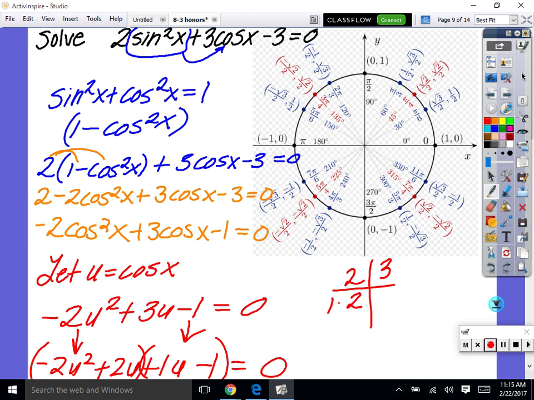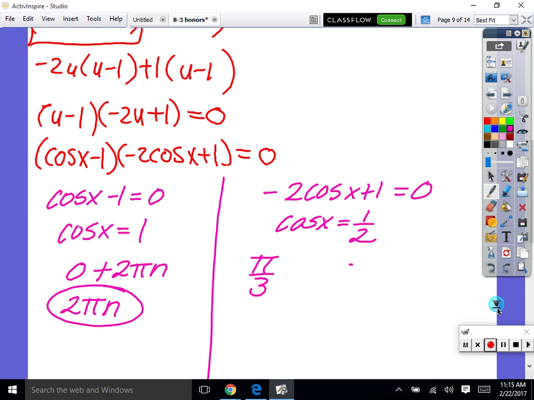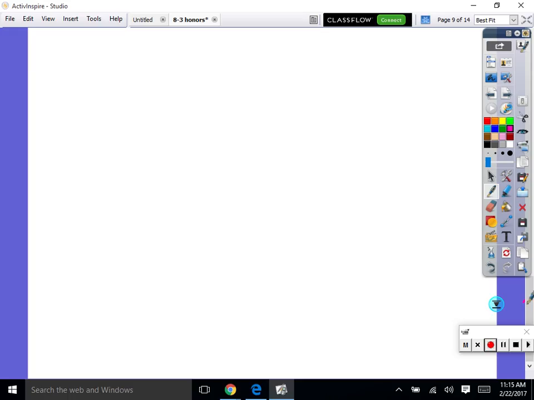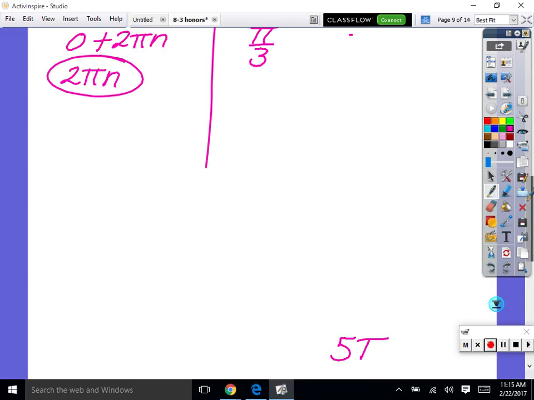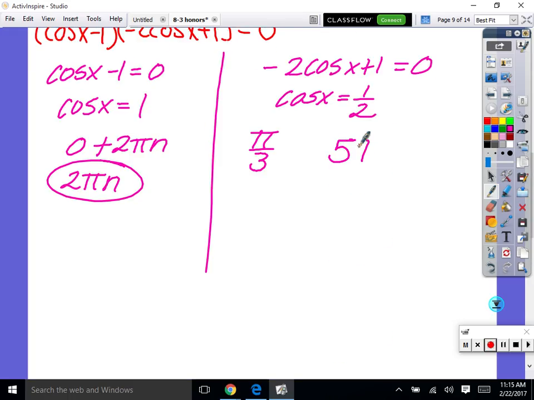Sorry, my fault. So pi thirds and 5 pi thirds, and then plus 2 pi n, because it wasn't only over that interval. Good. Questions?